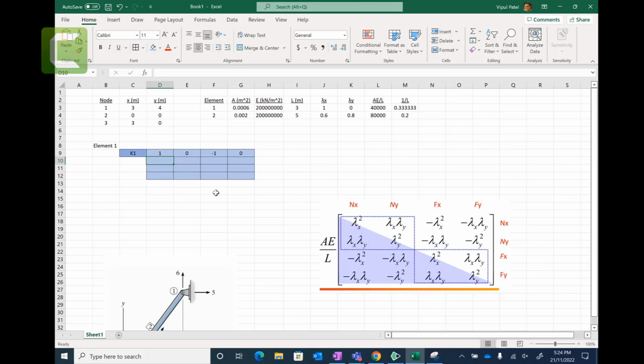Similarly, lambda x times lambda y, lambda x times lambda y. Lambda y square is equal to lambda y square, is equal to minus lambda x times lambda y, is equal to, be careful here, minus bracket lambda y square. All right.